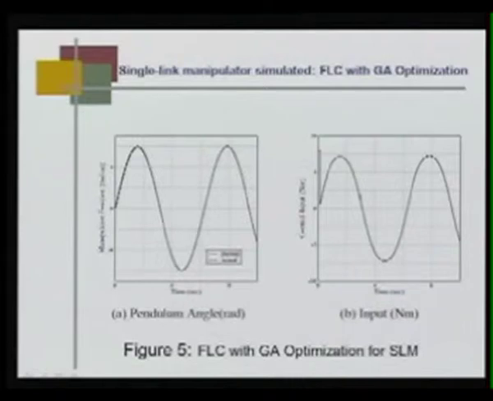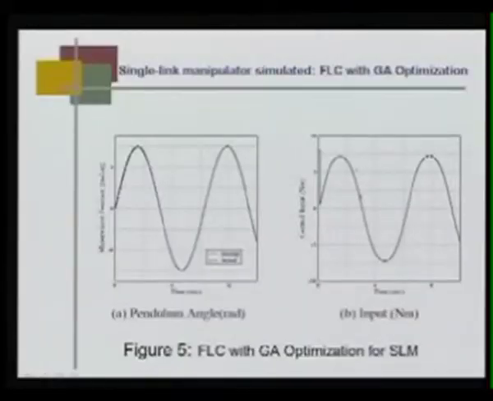Using this, the performance is again good, and the control actuation is also very smooth, just like feedback linearization, which is the best and achieves a very good controller. So, the fuzzy logic controller, which was started with this GA optimization, also provides a similar response.